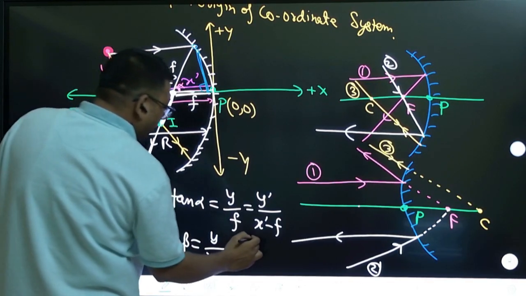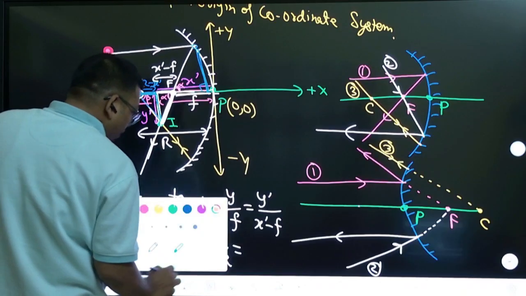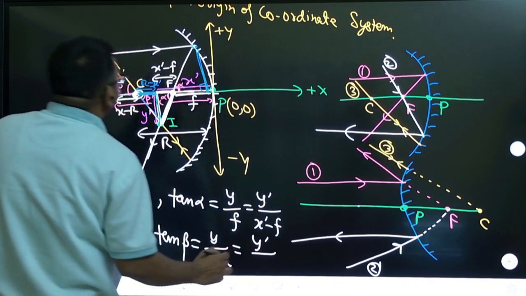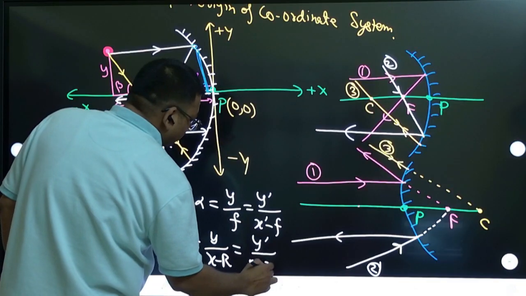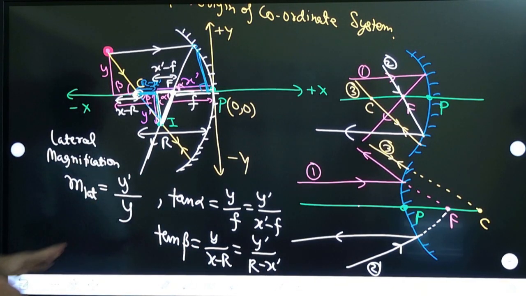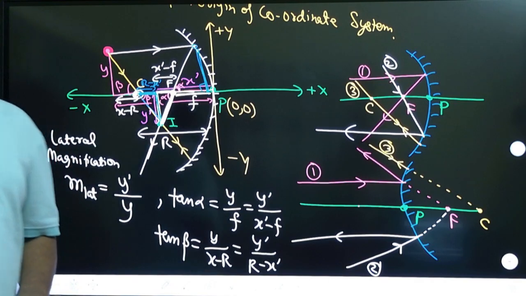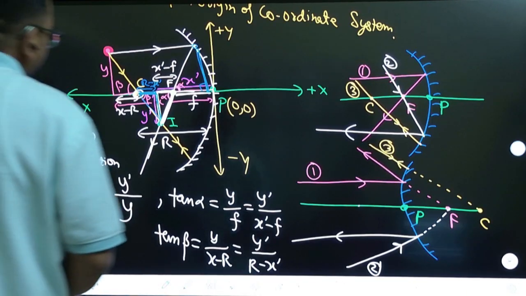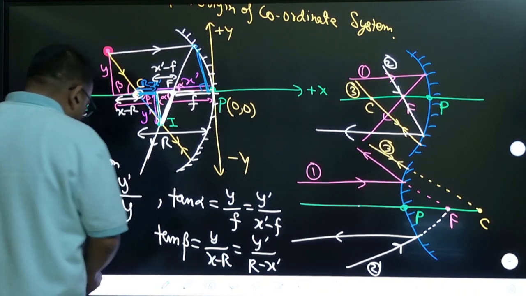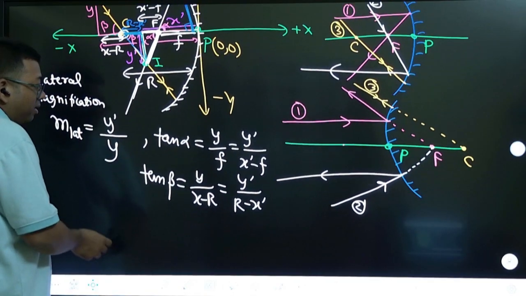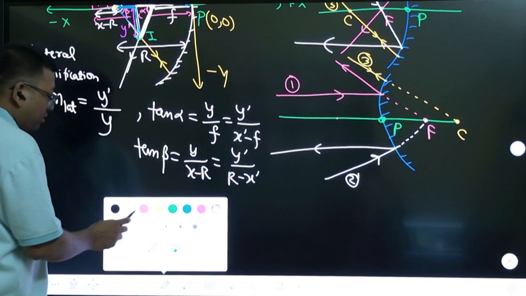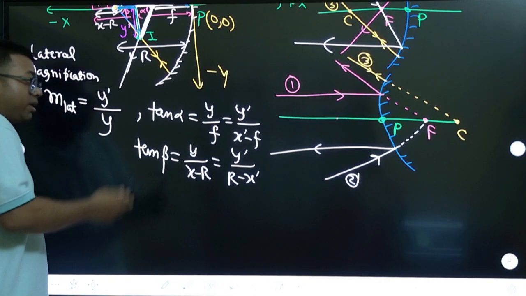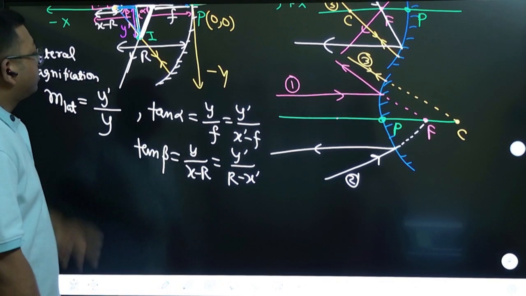So this will be y dash divided by r minus x dash. From these two expressions everything can be solved. You don't have to use similar triangles now. The similar triangle story is the method used to prove it, but now we are using a little bit of trigonometry. So now let us use this.